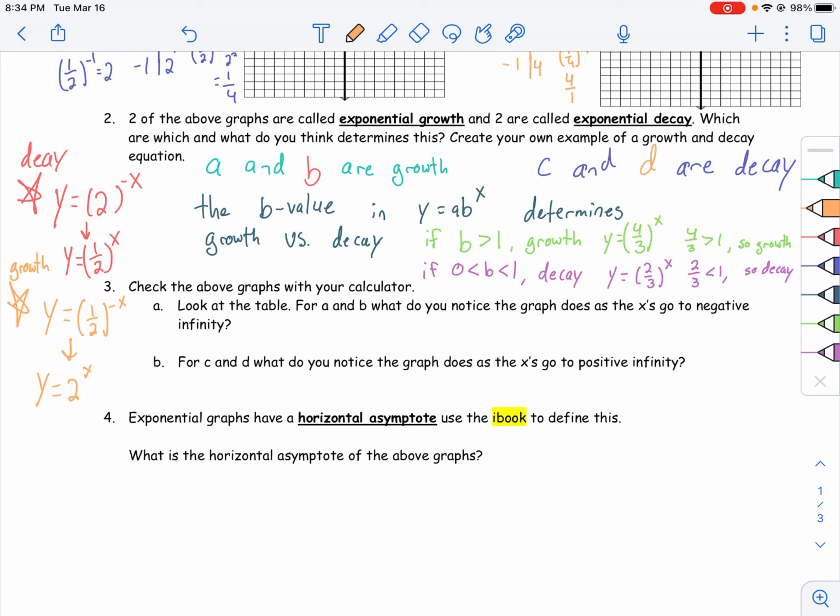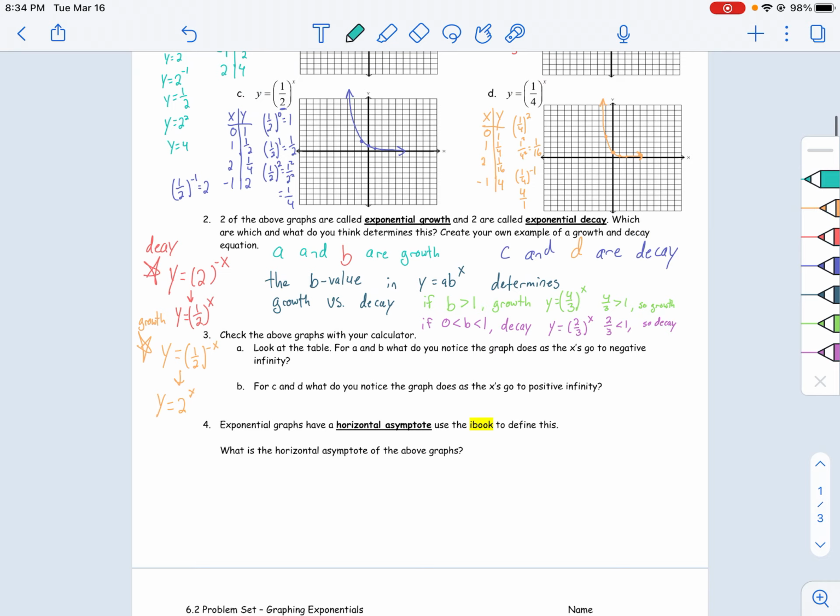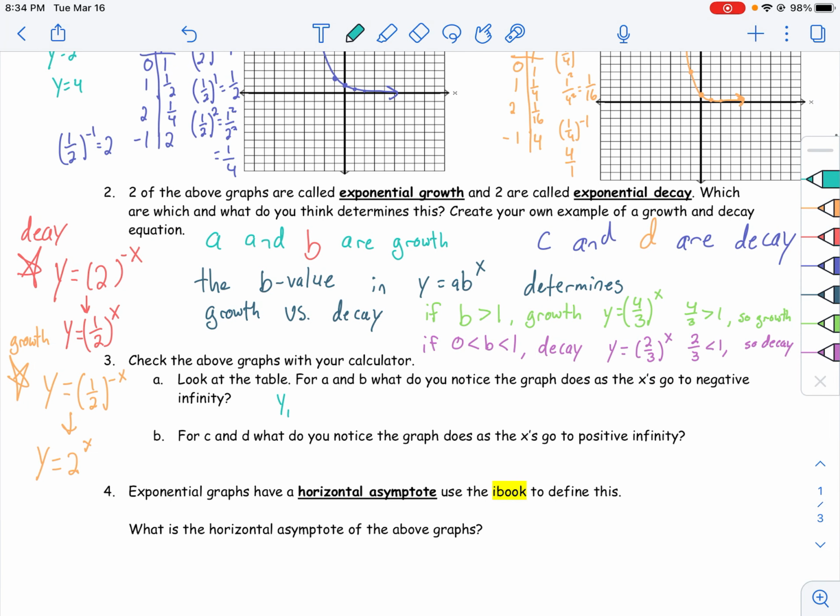All right, so check the above graphs with your calculator. Look at the table. Look at the table for a and b. What do you notice the graph does as the x goes to negative infinity? So if you would plug this into your y1, right, it's literally saying plug y1, set it equal to 2 raised to the x, and then plot a table of values.